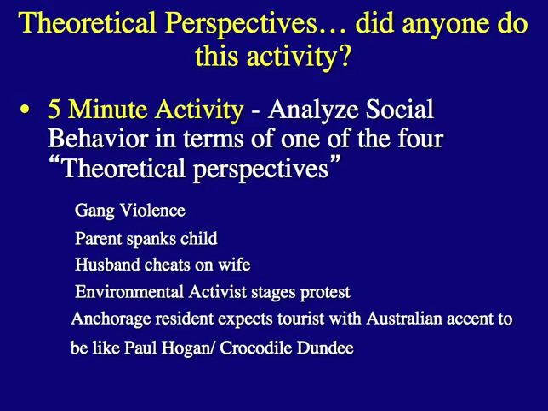And if you haven't already done that, you might think about engaging that activity and maybe having a quick email correspondence with someone in the class about how you think gang violence might be explained by the social cognitive perspective or the social learning perspective, or how a husband cheating on a wife is a social behavior that might be explained through social learning or through the evolutionary perspective. Just give that a try.